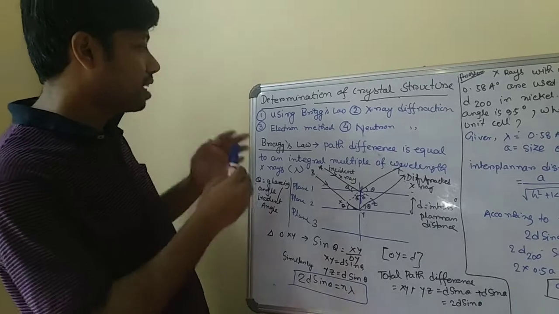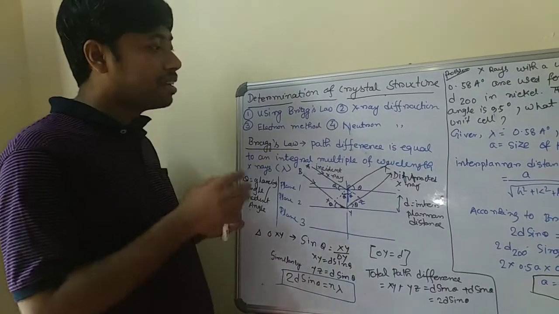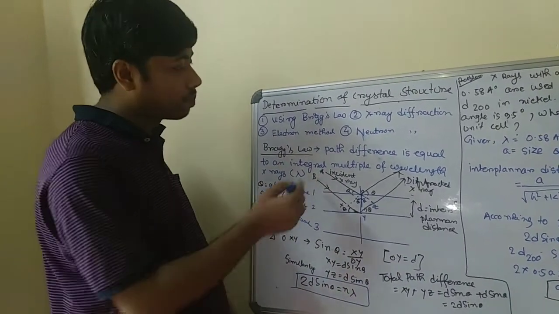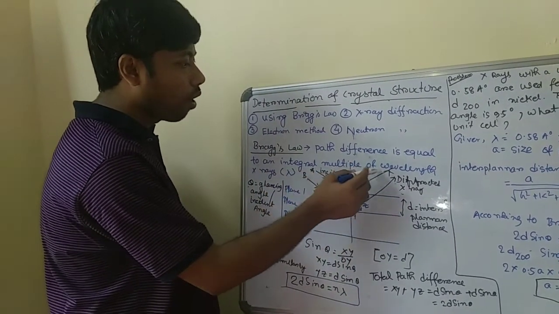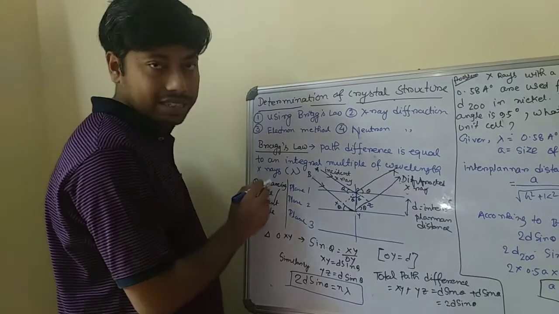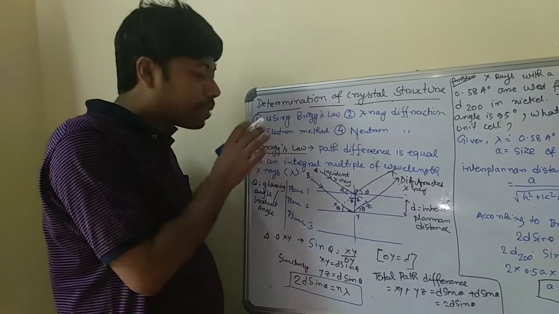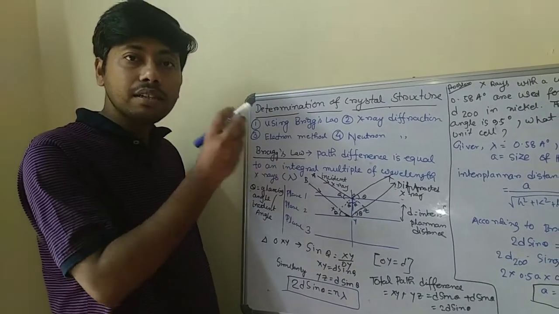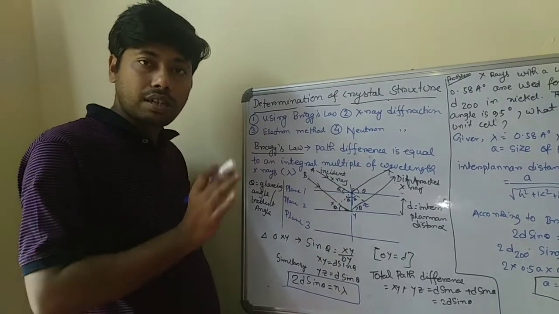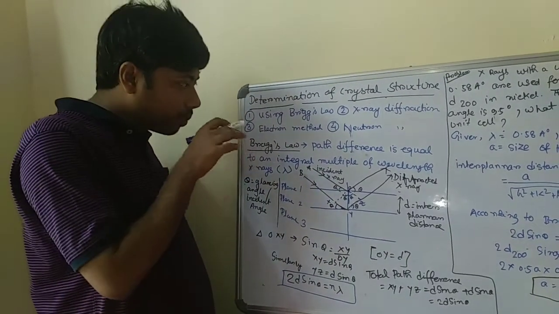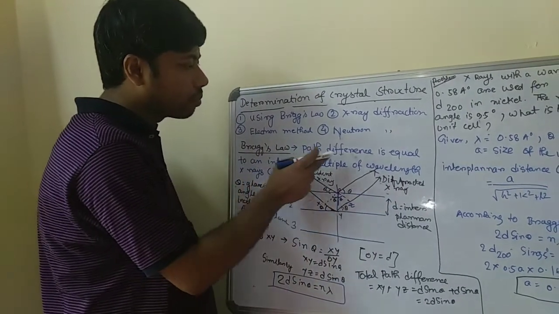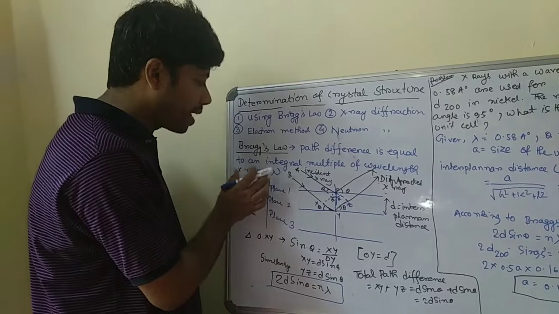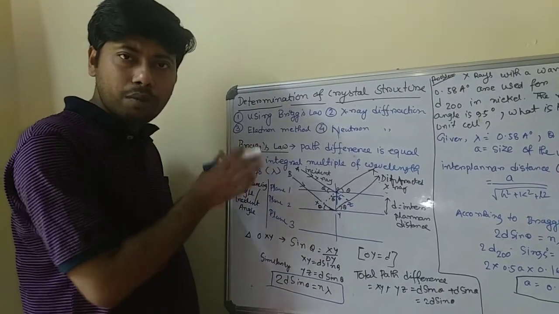Bragg's law is the principle that path difference is equal to an integral multiple of the wavelength of X-rays. In Bragg's law, X-rays are basically used to determine the crystal structure. So this is the statement of Bragg's law.